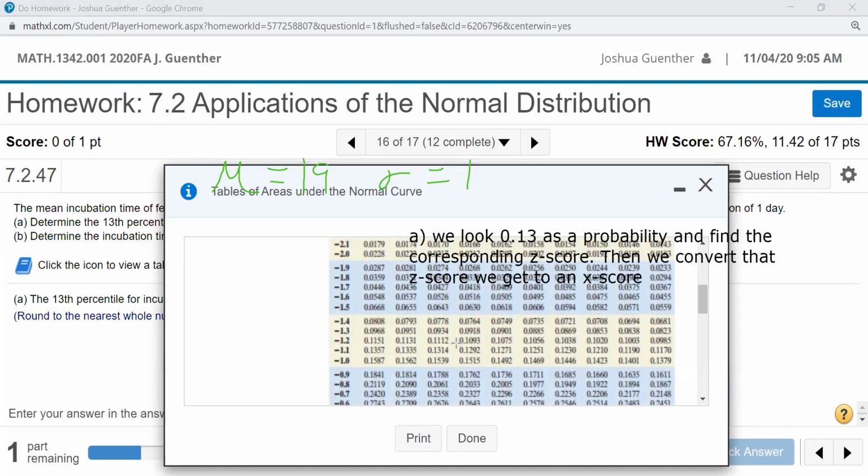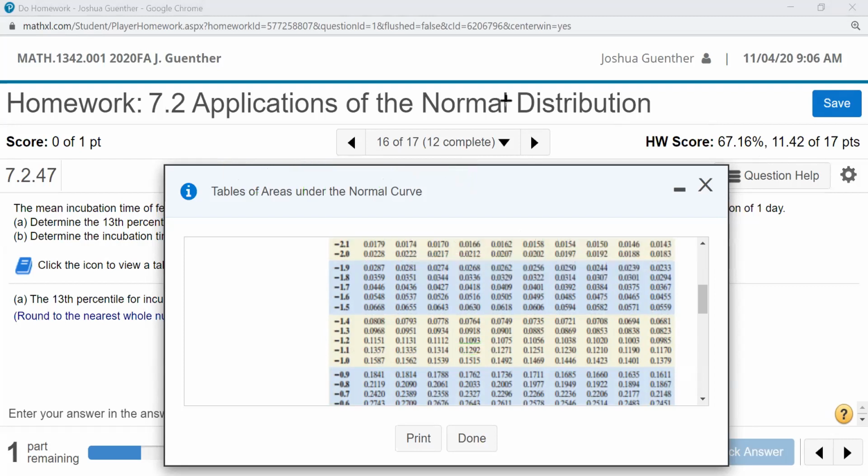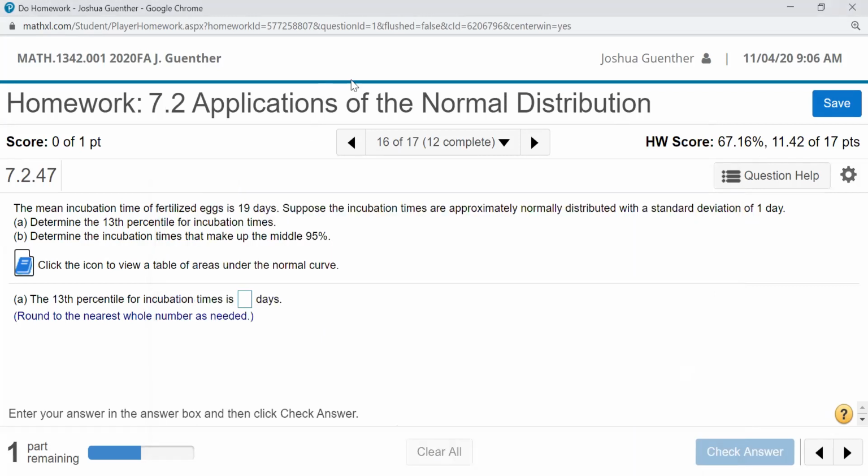So 0.1292. That corresponds to a z-score of negative 1.13. So negative 1.13 is our z-score.